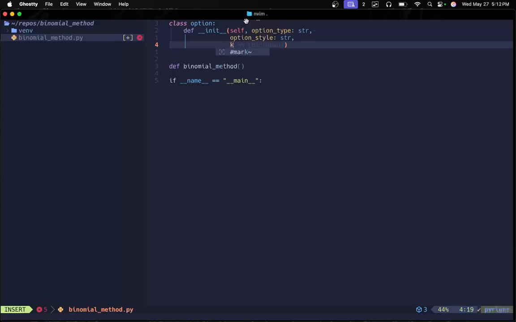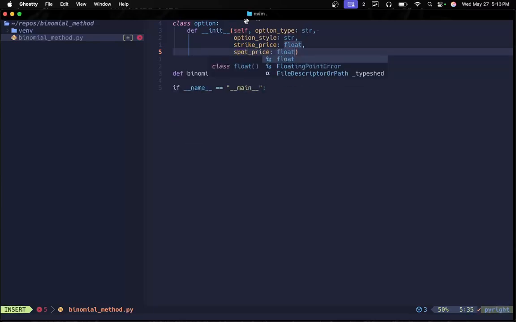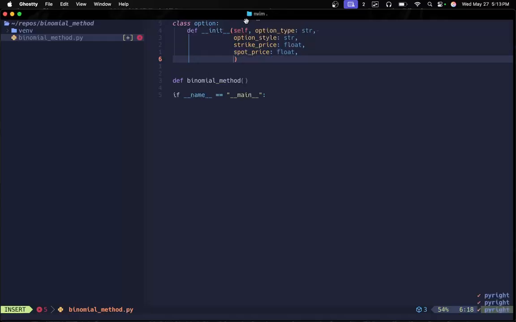our strike, float. Would spot price be a part? I think it should be, right? The current asset price. We'll determine that later.